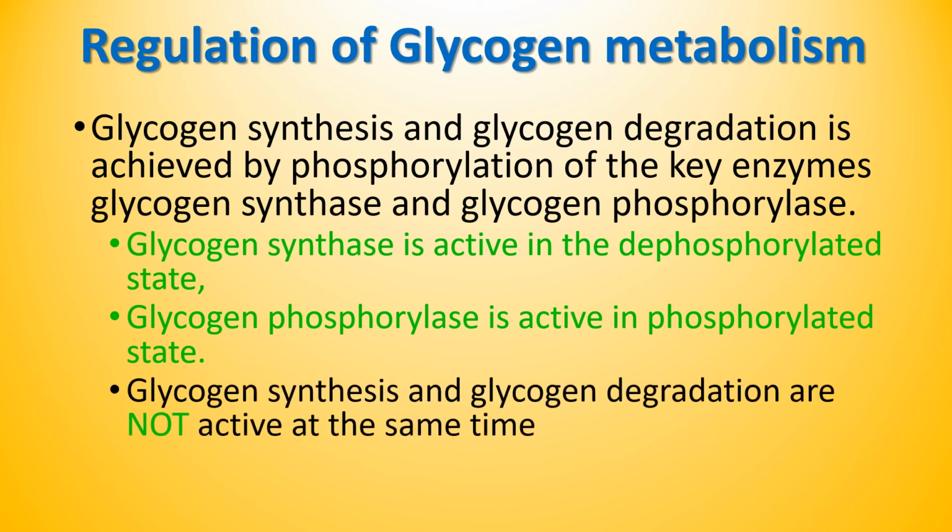So glycogen synthesis and degradation are not active at the same time, because the synthase is active in the dephosphorylated state, whereas the phosphorylase is active in the phosphorylated state.